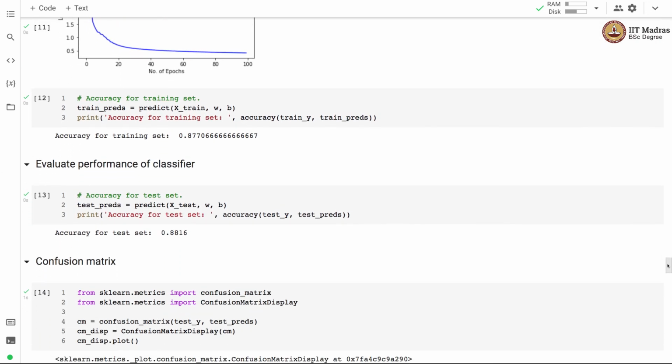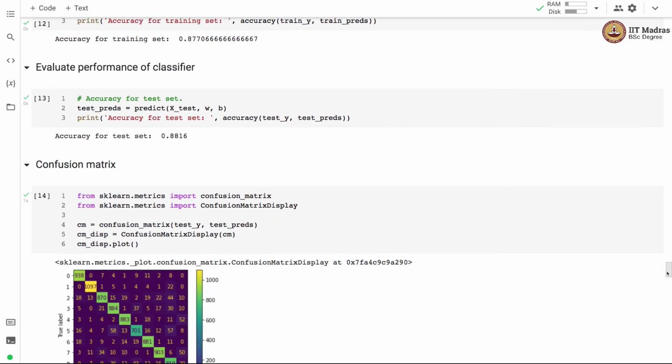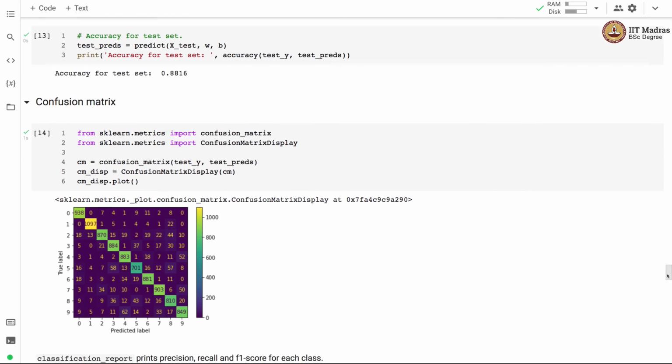And we get the accuracy of 87.7% on the MNIST dataset. Maybe you can train it longer in order to get more accuracy. On the test set, we have slightly higher performance, which is 88.16%.